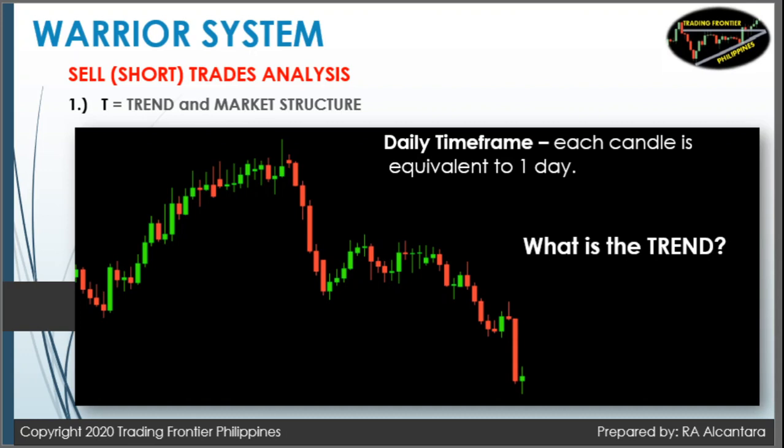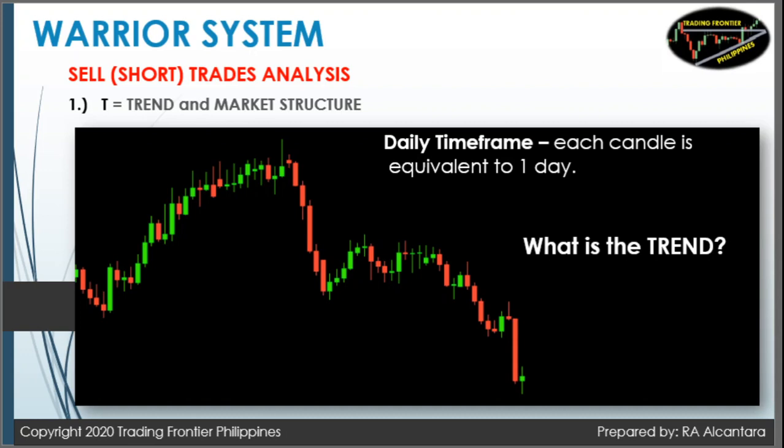So, now we're taking an example for sell or short trade analysis. Given this illustration, I guess you already have an idea what the trend of the market is overall. If you already know how to read market structure, okay. If not, just go back to my previous episode, Market Structure Is King, so you will understand how to read market structure.